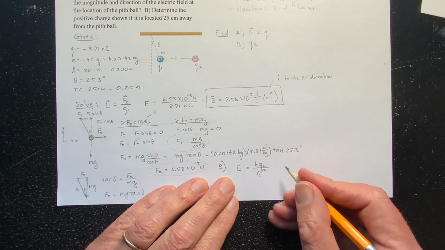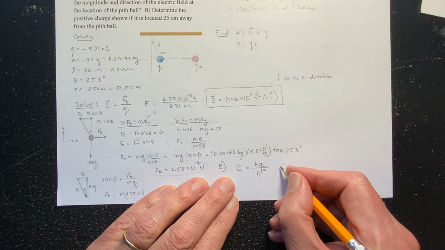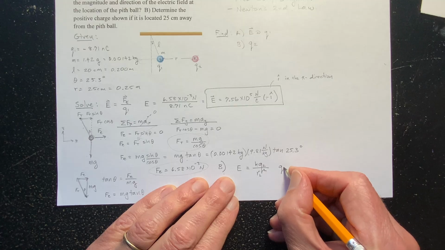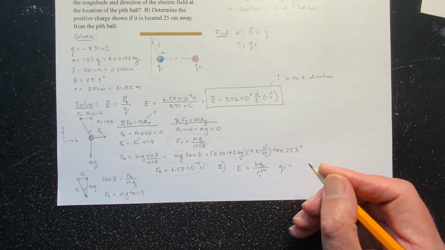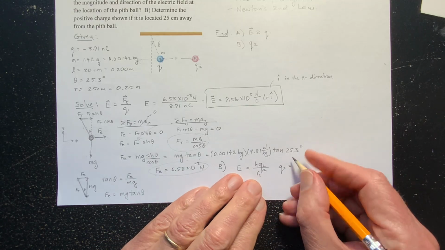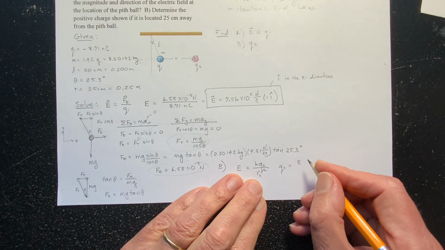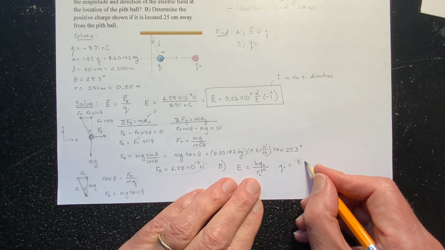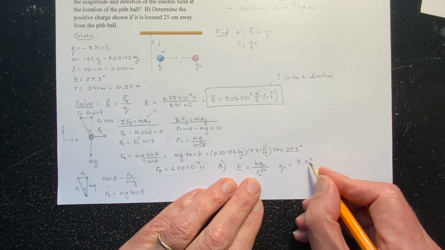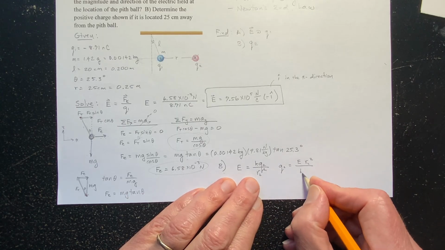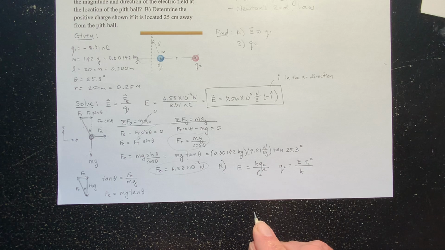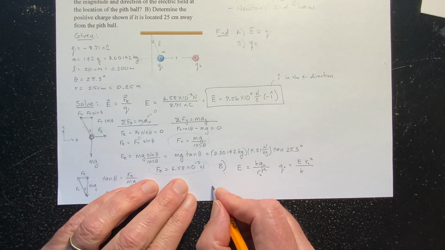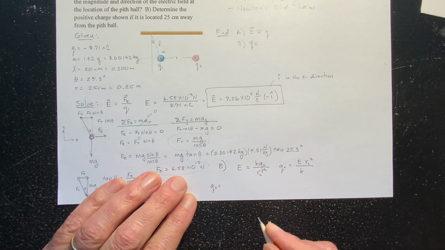All right, so now let's solve for Q2. Q2 is equal to the magnitude of the electric field times r2 squared divided by the electric constant. Okay, so let's put our values in now.